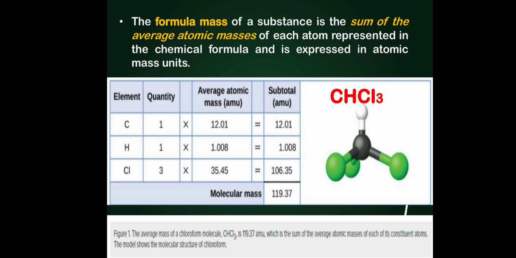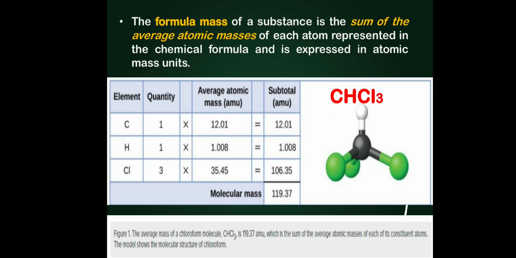AMU is the unit, the acronym for atomic mass unit. So 1 multiplied by 12.01 equals 12.01. 1 multiplied by 1.008 equals 1.008. 3 multiplied by 35.45 equals 106.35.